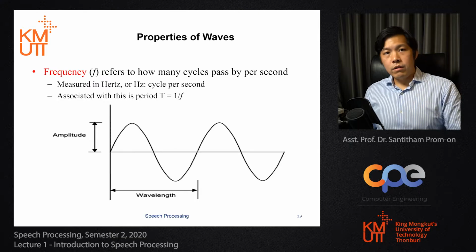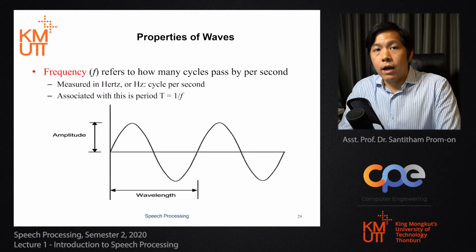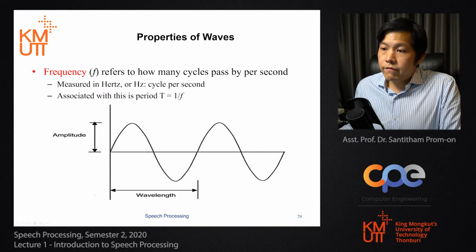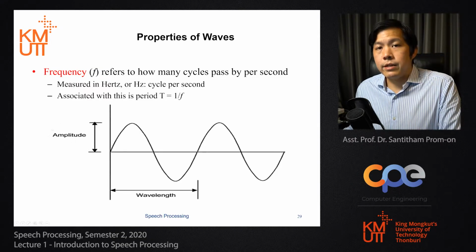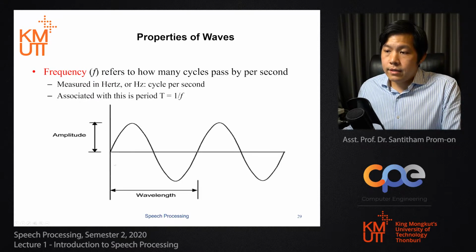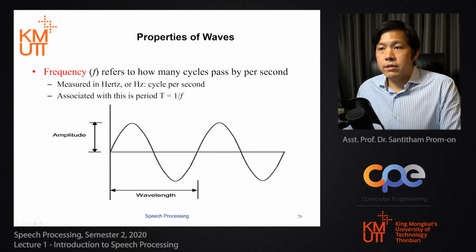Now, if we measure the properties of sound, the condensation and the pressure variation, we have this height as the amplitude, which represents the pressure variation. One period of vibration we call the wavelength, and the inverse of the period is the frequency.